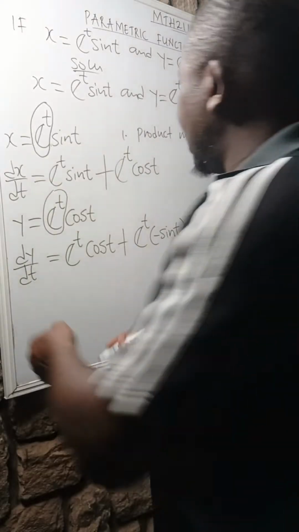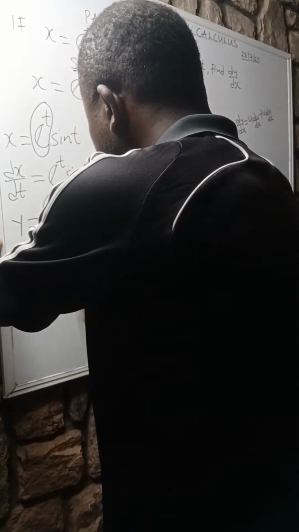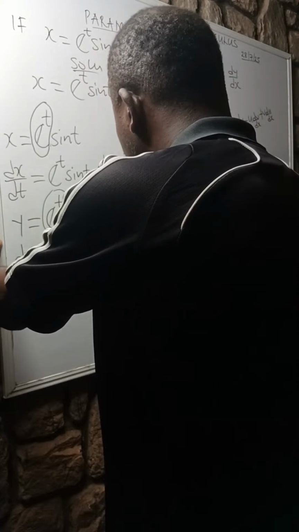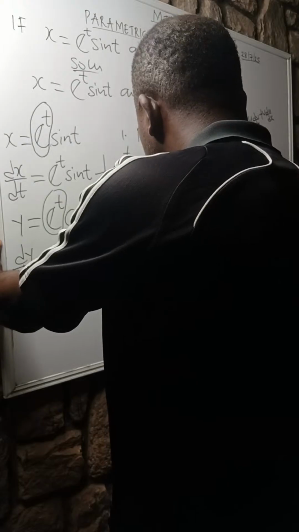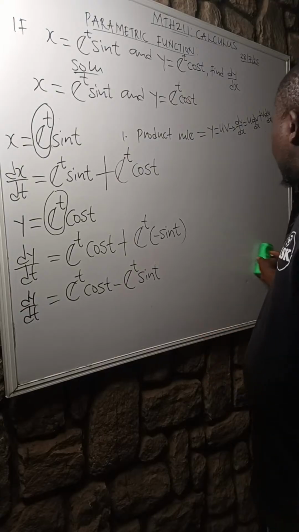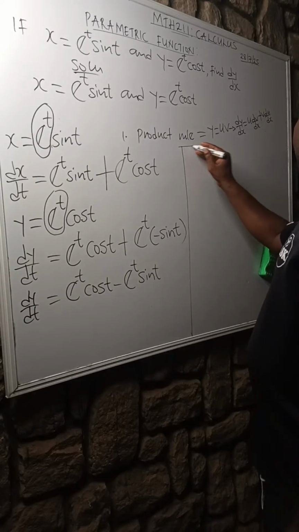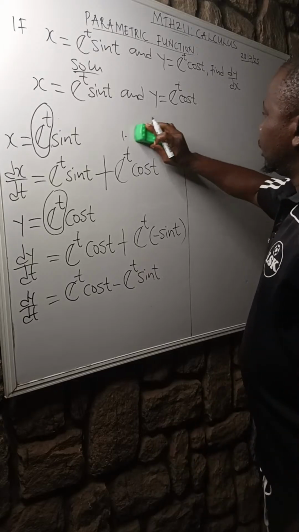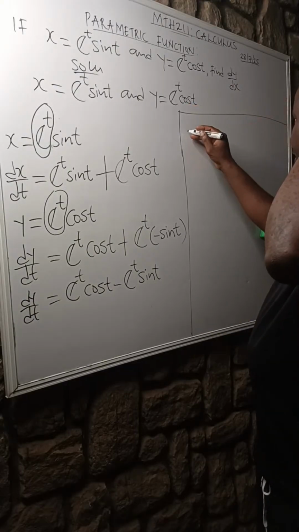So this implies that we are supposed to have dy over dt now equal to exponential t cos t, then minus exponential t sine t. True or false? Then let's consider our formula. Let us record the formula. I think we can clean here.